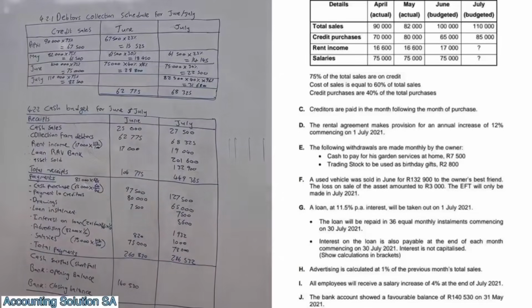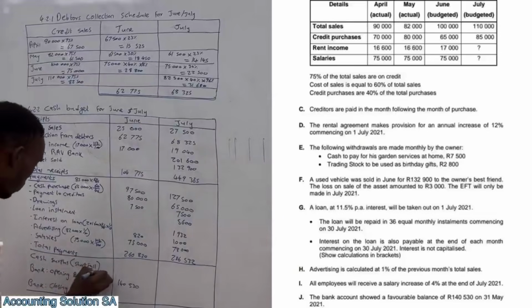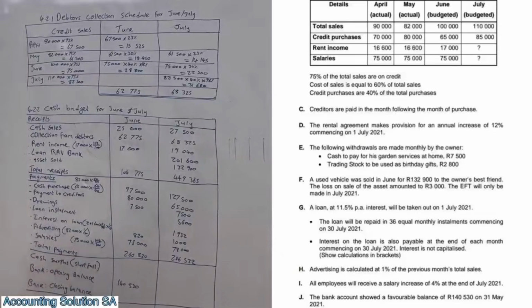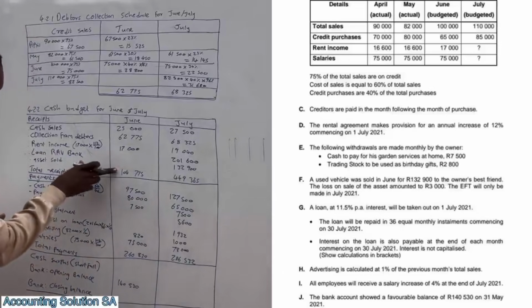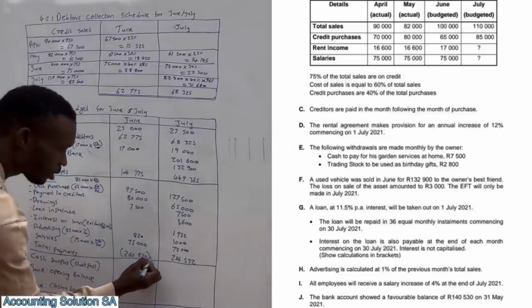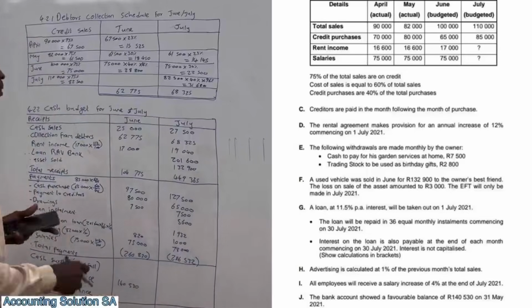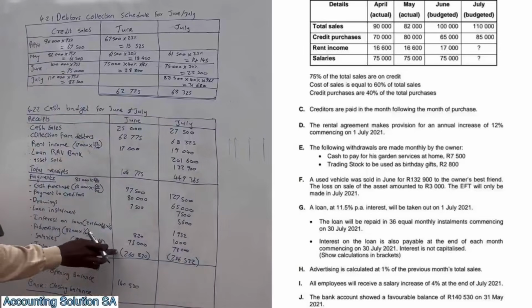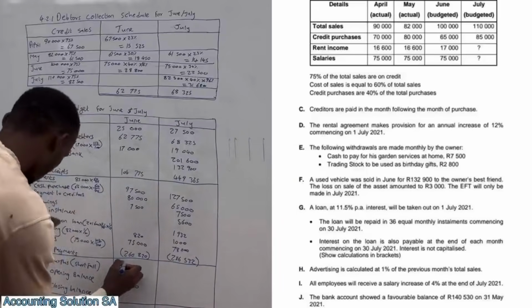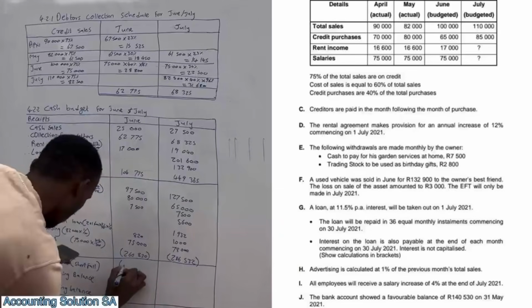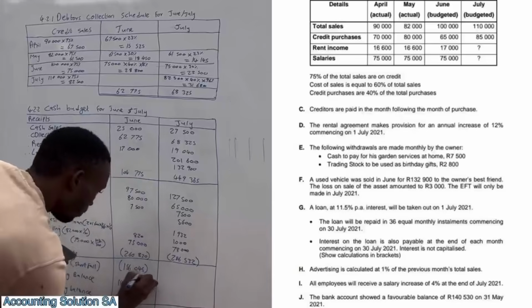Okay, now we want to calculate a shortfall or cash surplus. Shortfall is negative, surplus is positive. 104, remember payments are negative, they are outflow. 104 minus 260 is going to give us an amount of negative 156 and 45.